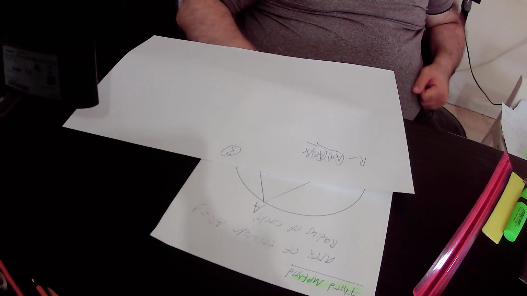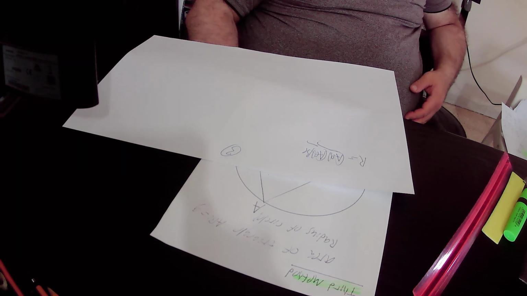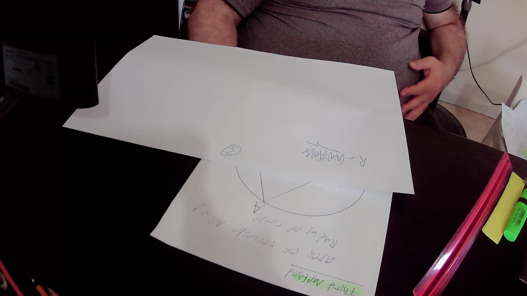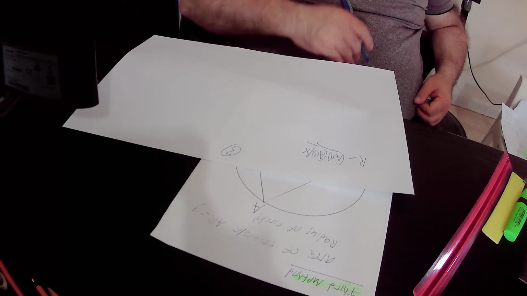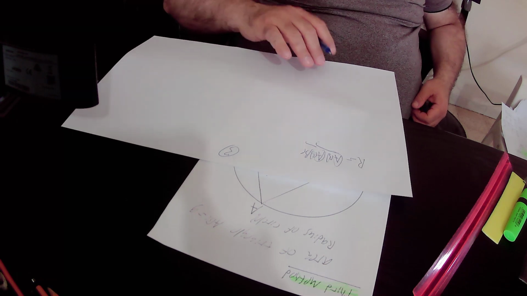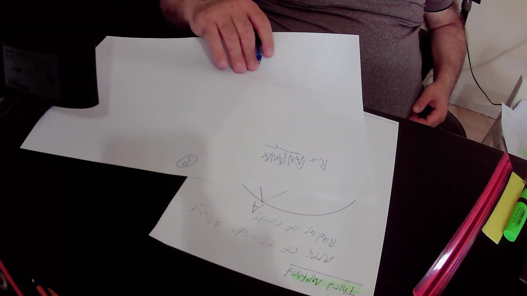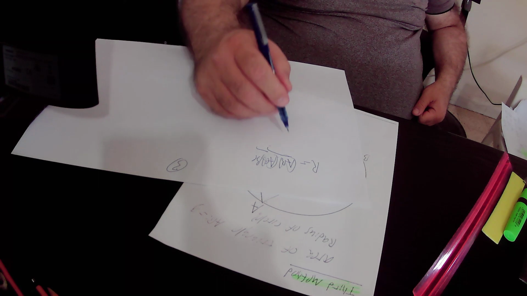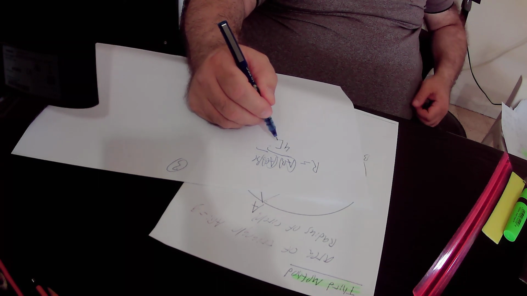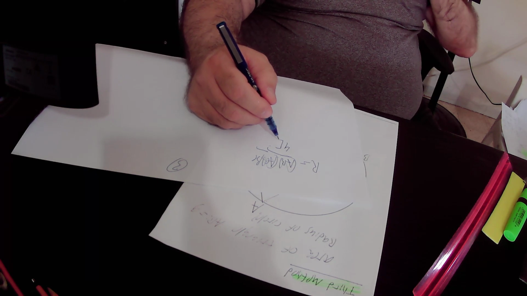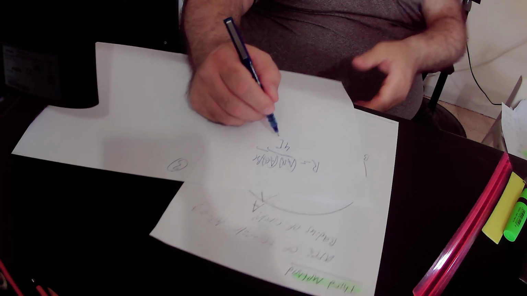I repeat again, the radius of the circle that circumscribes a triangle equals the multiplication of the sides of the triangle by each other, over 4 times the area of the triangle that the circle circumscribes.